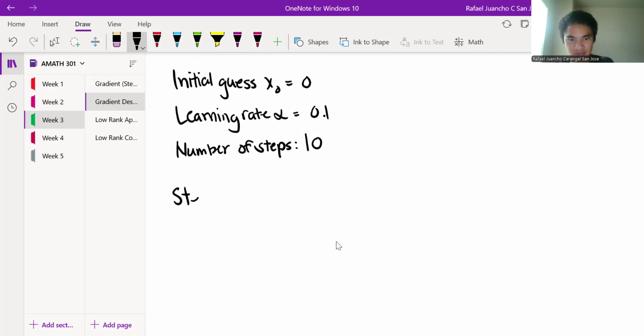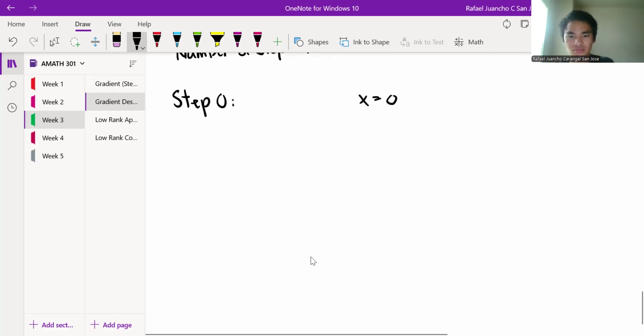So at step 0, well, that's x equals 0. When x is 0, we look at our derivative, and then we plug it in.